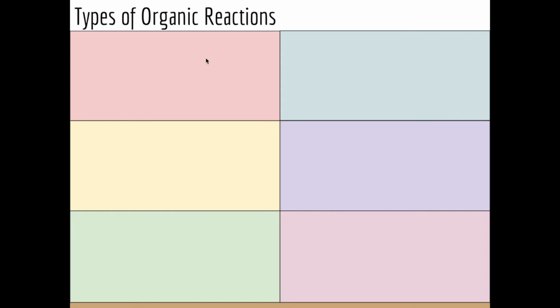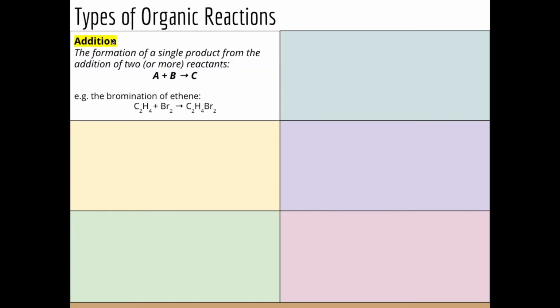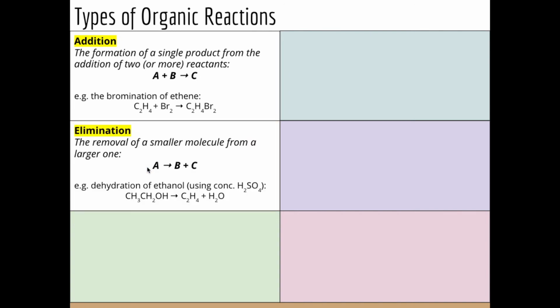Let's have a looky-loo. So the first kind is an addition reaction. An addition reaction is going to add two things together. It's the formation of a single product from the addition of two or more reactants. So here we've got A plus B and we form some sort of C, such as in the bromination of ethene. We've got ethene, bromine, we get two things, we add them together to make one thing. An addition reaction, just like we use the word addition in our everyday lives.